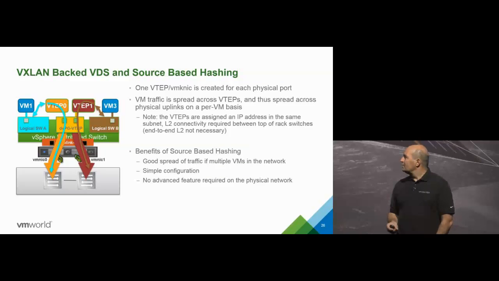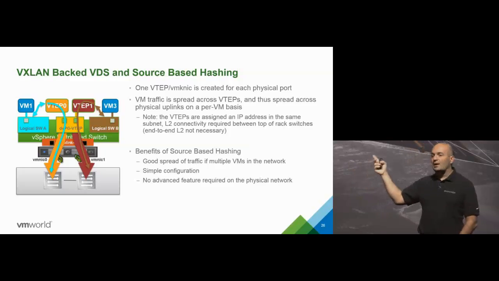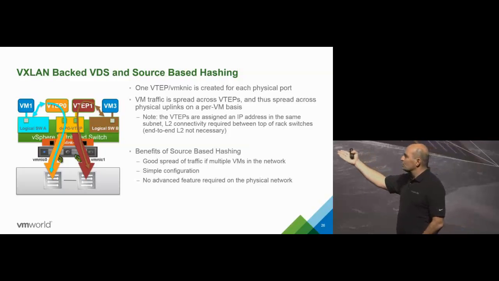The other model is source-based, where we want to pin on a per virtual machine VNIC basis. So in order to achieve this model, we're going to require two tunnels. In that case, NSX will create automatically for you two different VTEPs. And the hash in terms of source port will basically assign a virtual machine to either, in that case, VTEP 0 or VTEP 1.